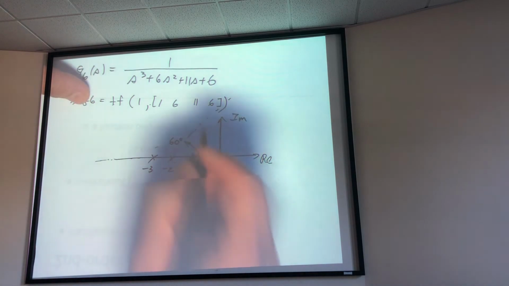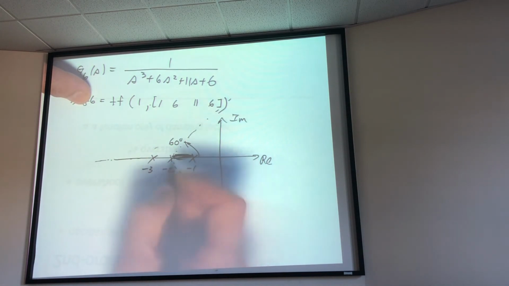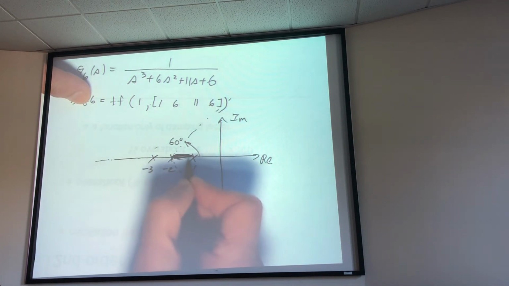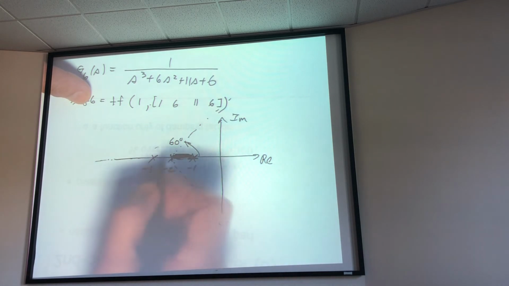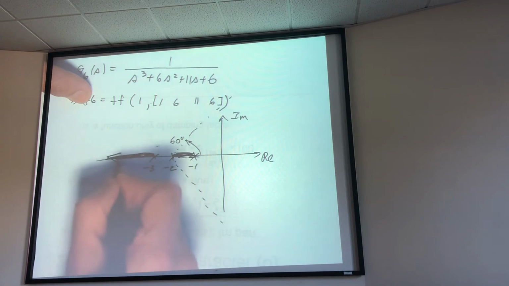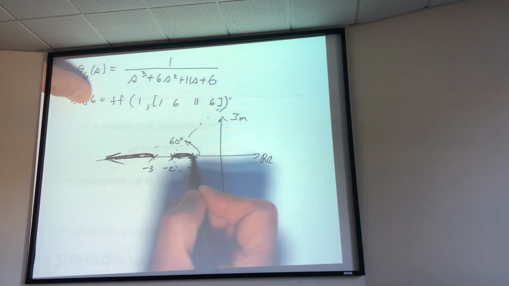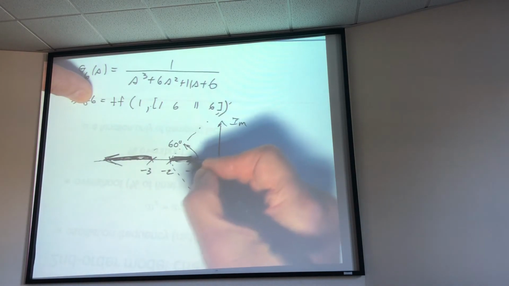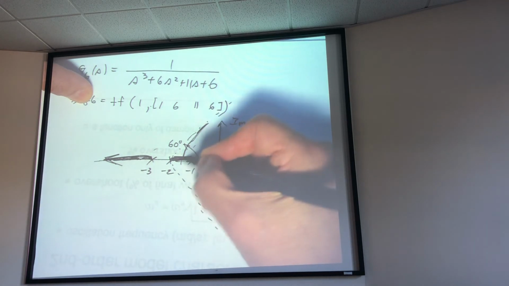Now the root locus is going to be colored in like this. One branch starts here and goes this way. Another branch starts here and goes this way. Another branch starts here and goes this way. So one of them goes off the page this way. These 2 come in the middle, they break. And then one goes this way and one goes this way.